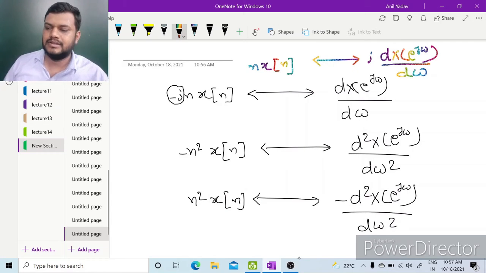So this is our property. This is the result based on the differentiation in frequency domain property.